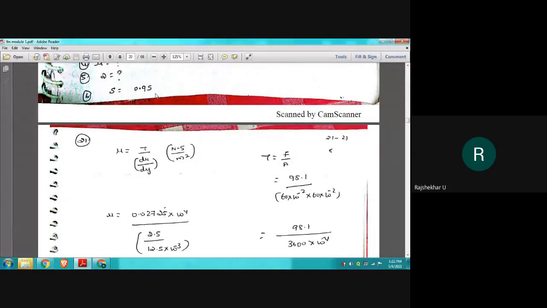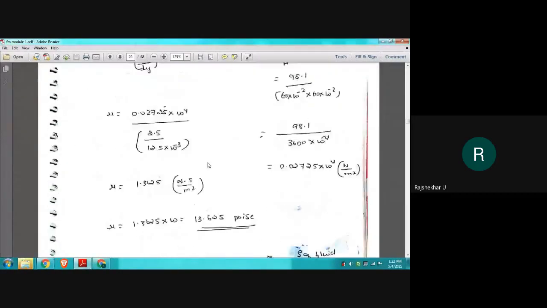Water density we already know, which is 1000. Correct. So now by just cross multiplication, we will get the density of the given oil to be 950. So this is 0.95, which is equal to density of the oil divided by density of the standard fluid, which is water. So we will get the density of the given oil to be 950. Okay.